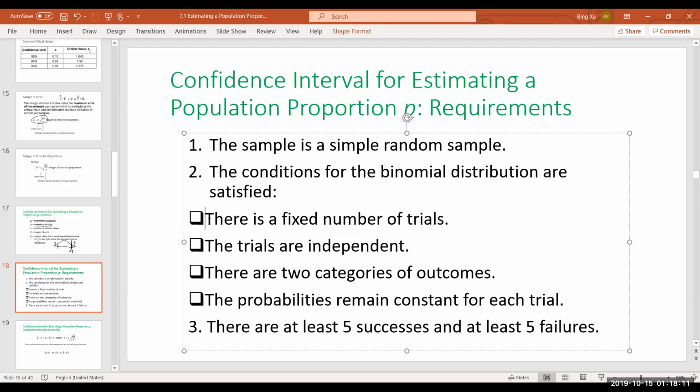That means you have a fixed number of trials, each trial is independent, you have 2 categories, one is success, one is failure, and the probability remains the same for each trial. And there are at least 5 successes and at least 5 failures. You don't want the sample size to be too small, otherwise it won't be accurate.